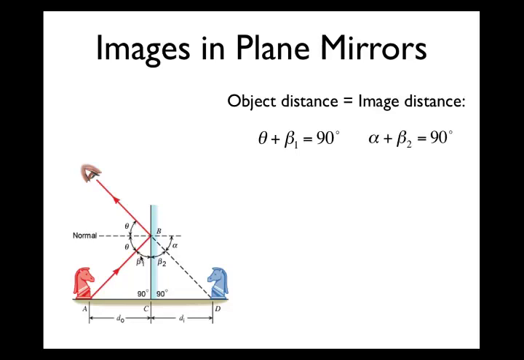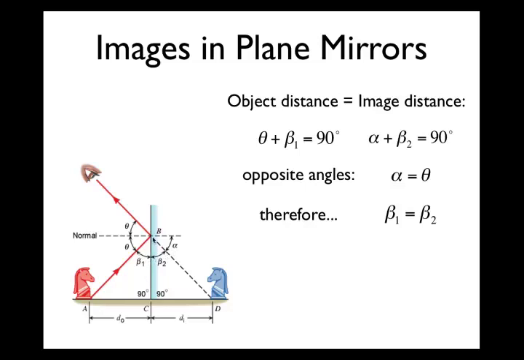Furthermore, this angle of incidence plus this complementary angle, beta 1, together form 90 degrees since they lie between the normal line and the mirror itself. On the other side of the mirror, beta 2 and alpha also must combine to form 90 degrees because they're again between the mirrored surface and the normal line. If alpha equals theta, which they do because these are opposite angles of two lines that intersect, then we know that beta 1 here has to equal beta 2.